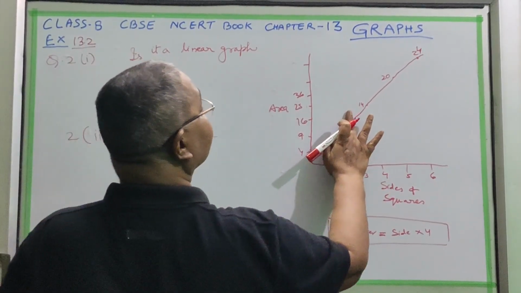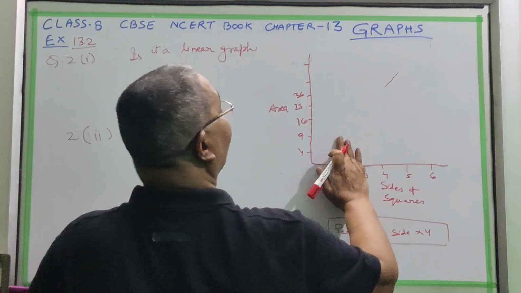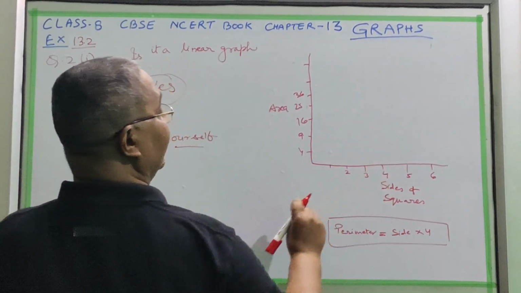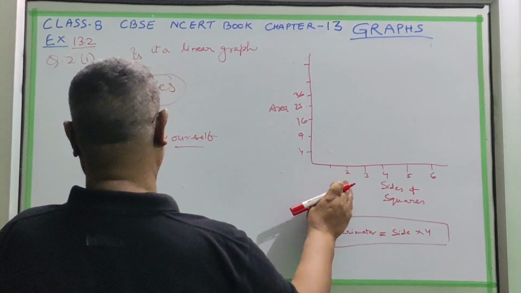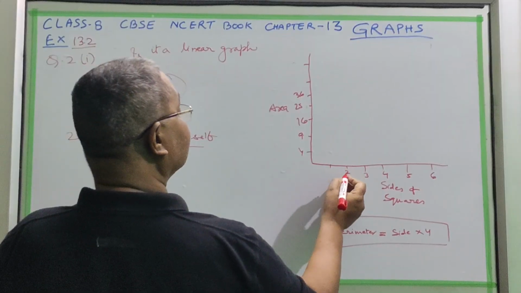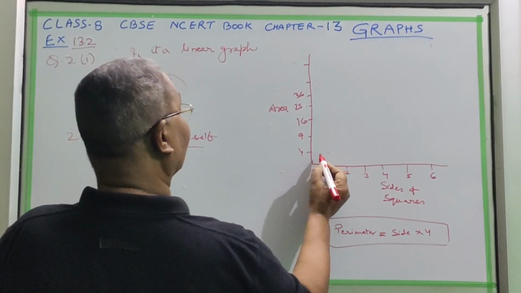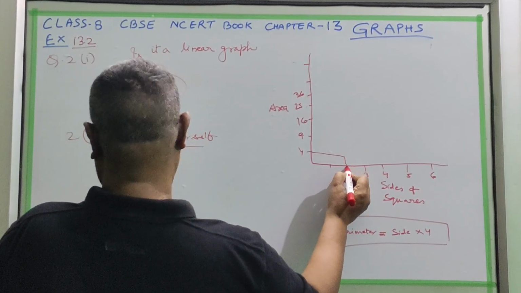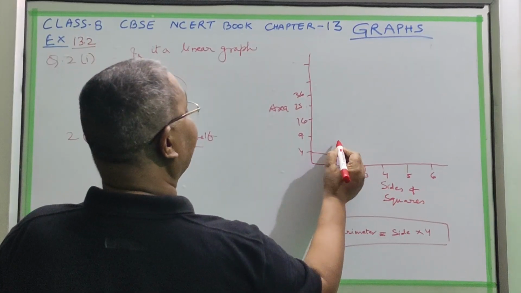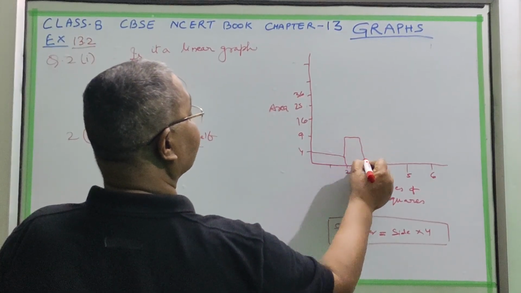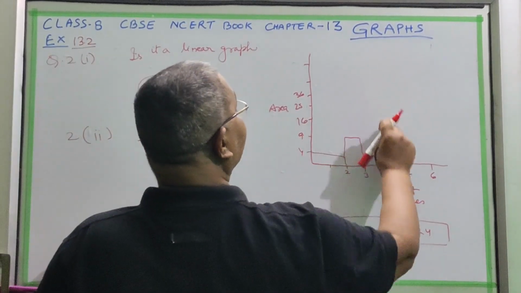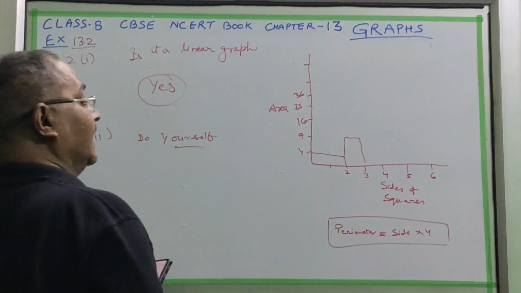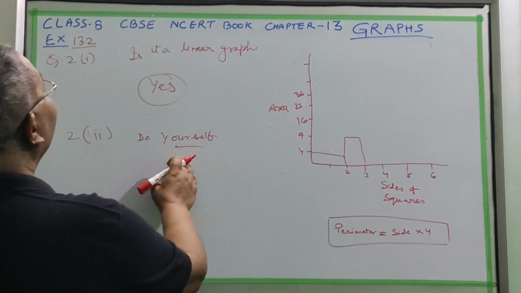This way you have to write and plot with the help of your scale. First it is 2, 4. Then 3, 9 is coming. So by scale it will come in a zigzag way. That's why it is not a linear graph.